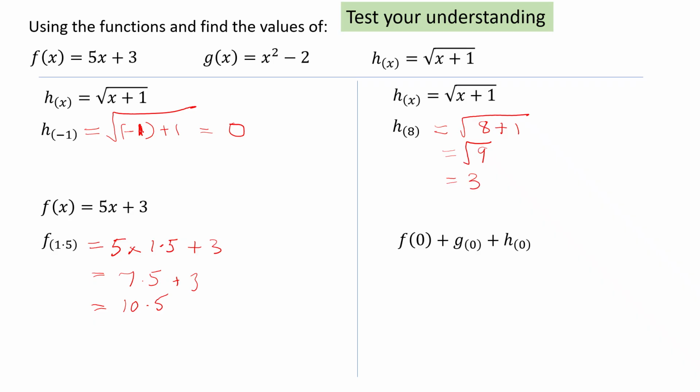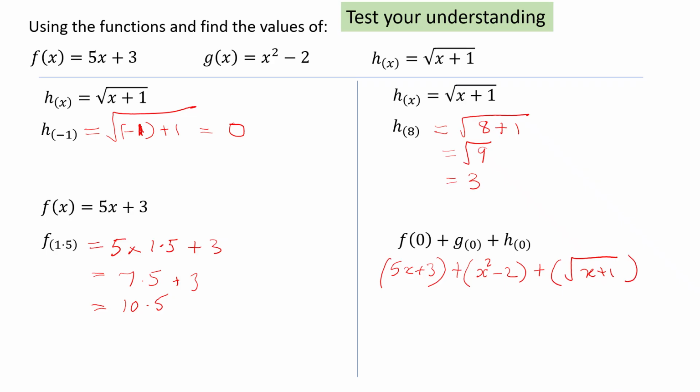Next one, f(0) plus g(0) plus h(0). You can find each function separately and add together, or you can do it in the same step. So f(0): 5x plus 3 is f(x), plus g(x), x squared minus 2, plus h(x), square root of x plus 1.